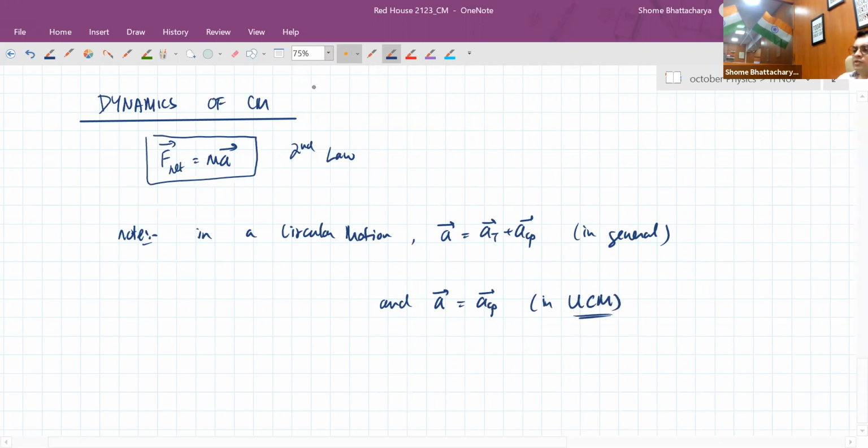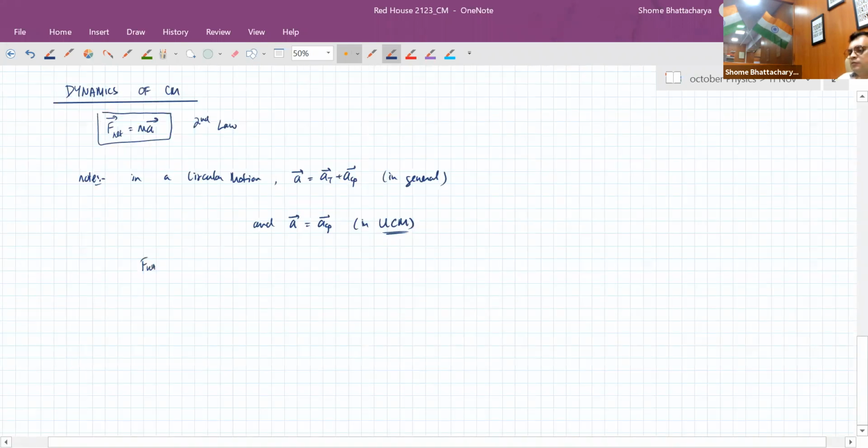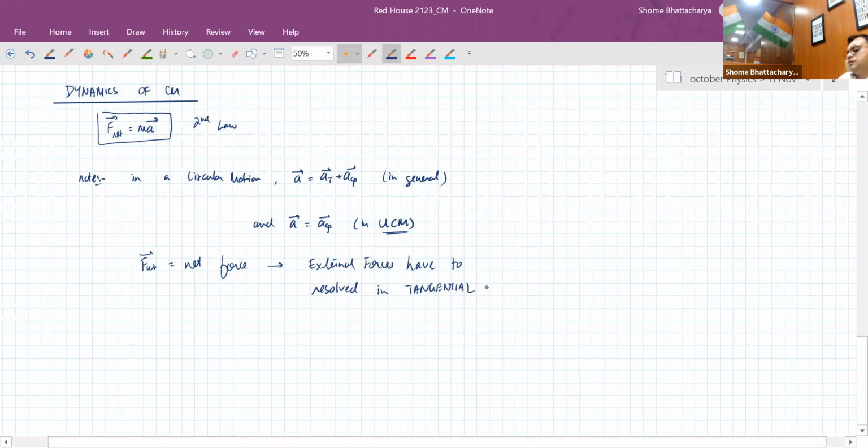So accordingly, what we do is that the net force is calculated by external forces which have to be resolved along the tangential and radial axis.